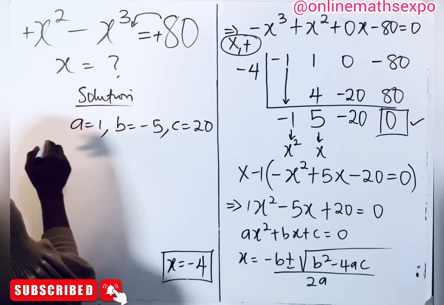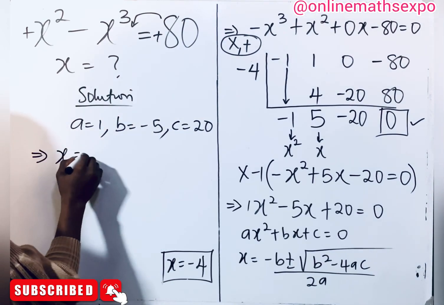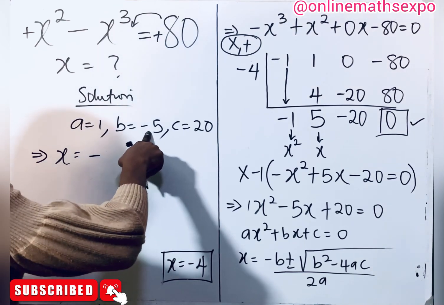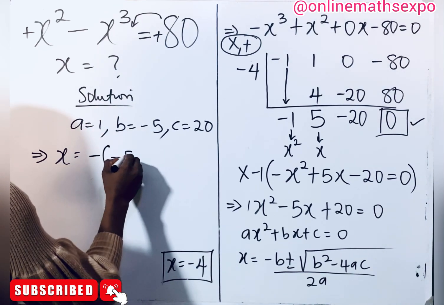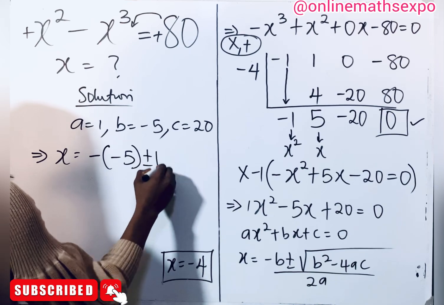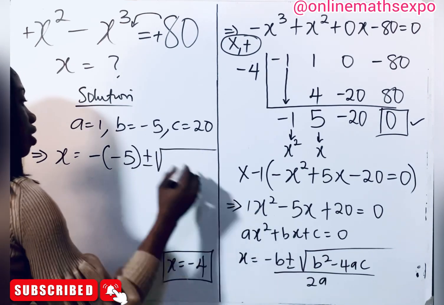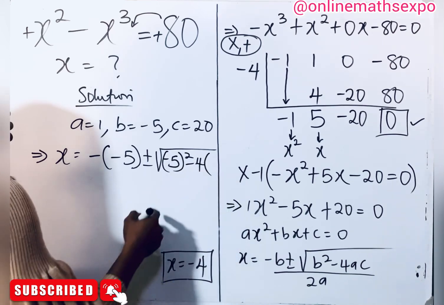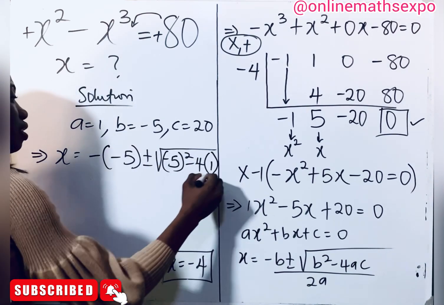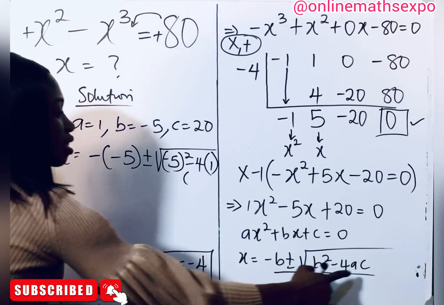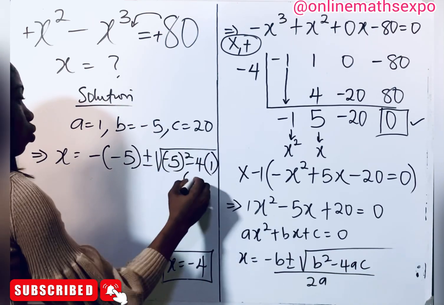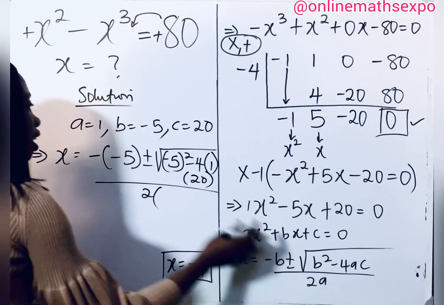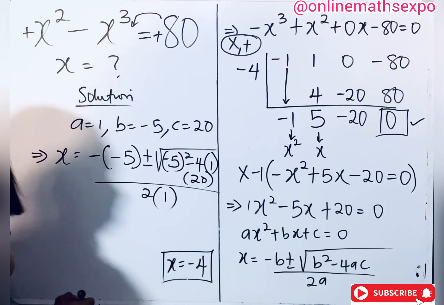So in that case, we are going to now have x is equal to negative of this b. Your b is already having a negative sign, so you put it inside, plus or minus square root of, our b is -5 squared, minus 4 multiplied by our a is 1, then multiply by our c is 20. You see that? All divided by 2 multiplied by our a is 1. Interesting.